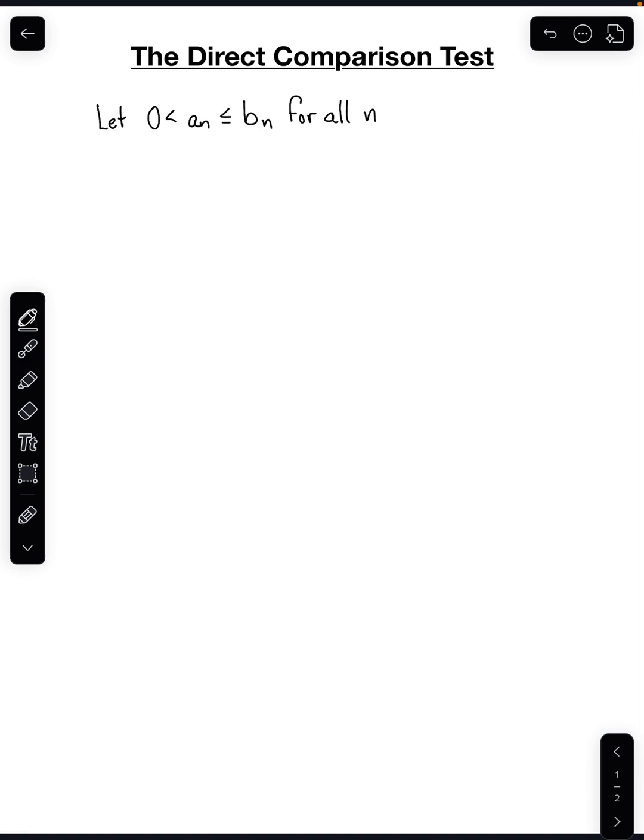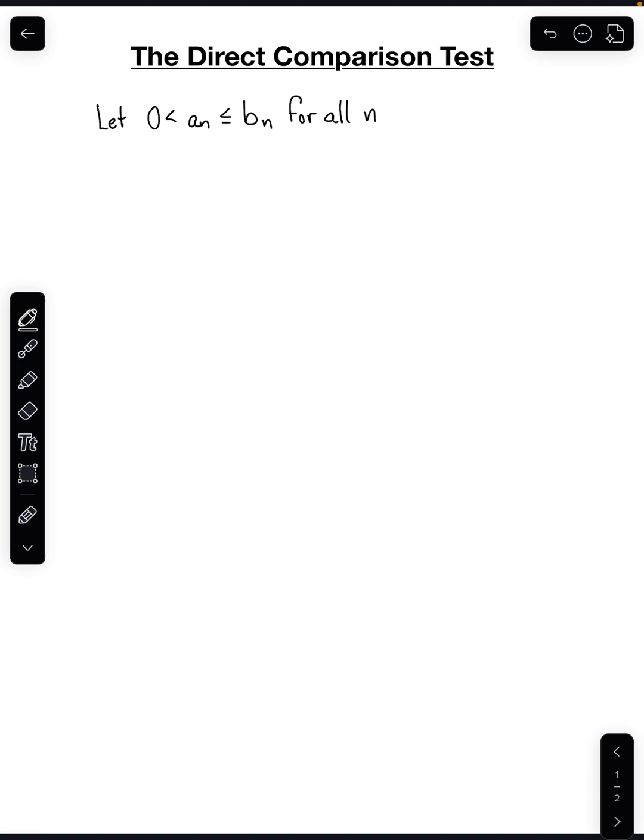So if we line up a sub 1 and b sub 1 will be bigger, or at least as big. B sub 2 will be bigger than a sub 2. B sub 3 will be bigger than a sub 3, and so on. Naturally, that would make the sum of the series b sub n larger than the sum of the series a sub n, simply by virtue of adding larger numbers together.